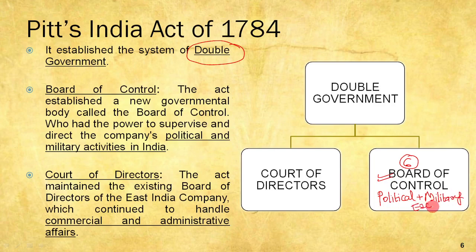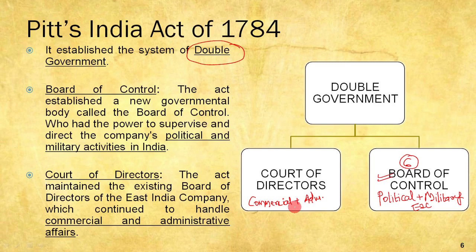Whatever the political and military affairs of the East India Company, they will be looked after by the Board of Control, and whatever the commercial and administrative affairs of the East India Company, they will be looked after by the Court of Directors of the company. So in a way, the Pitt's India Act separated the functions of the East India Company.